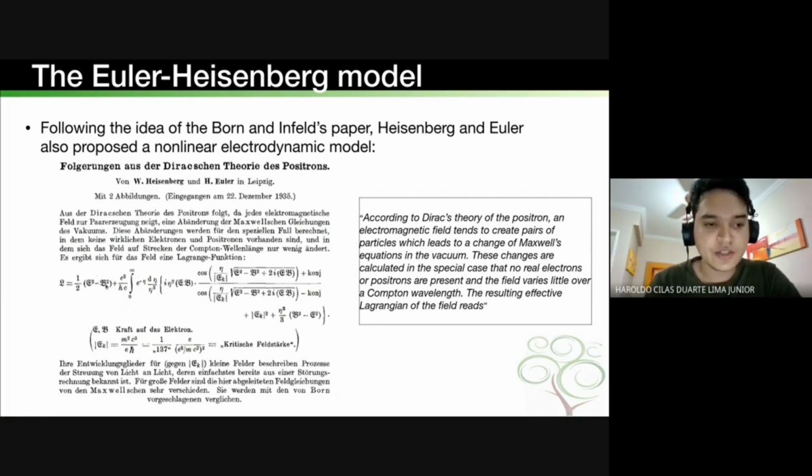So here we have the usual Maxwell's Lagrangian, the linear electrodynamics, and here we have nonlinear corrections to Maxwell's theory. So the motivation for this is the weak field limit of Dirac's theory.